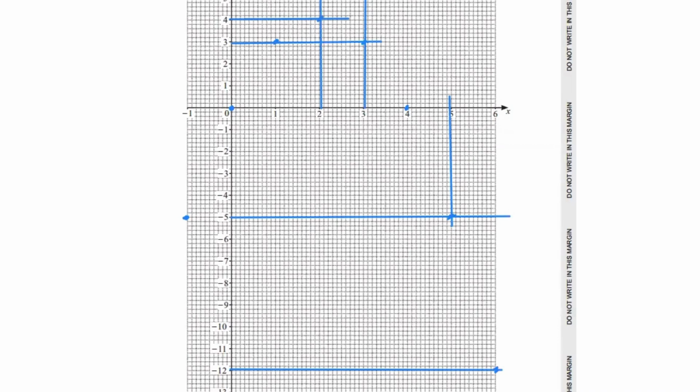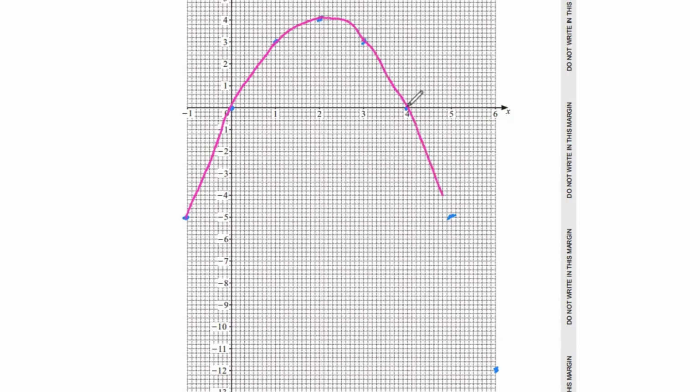Okay, so time to remove these lines. That's a graph.